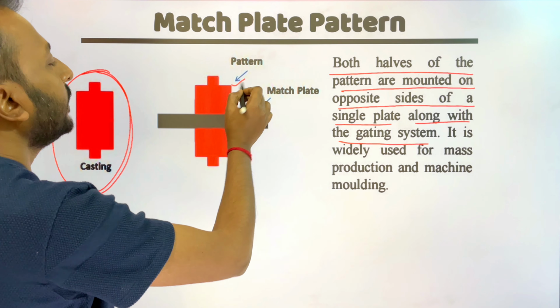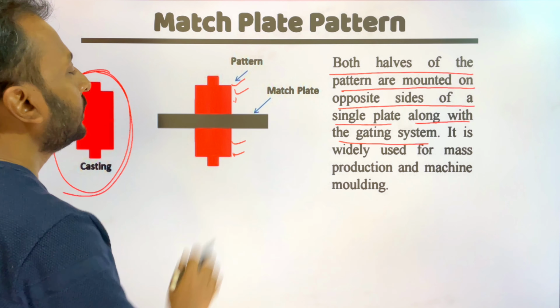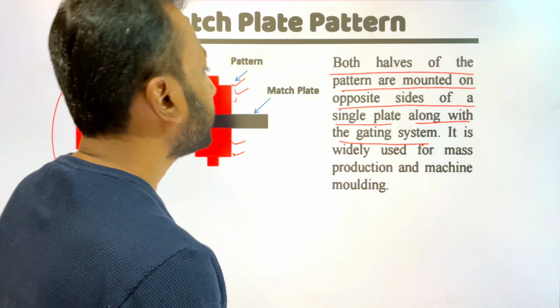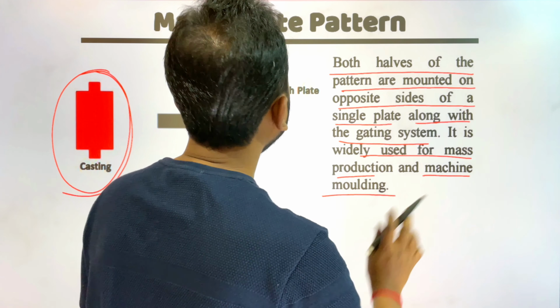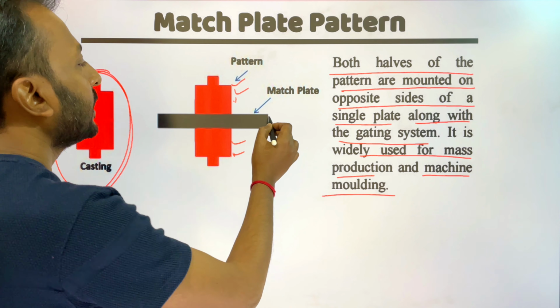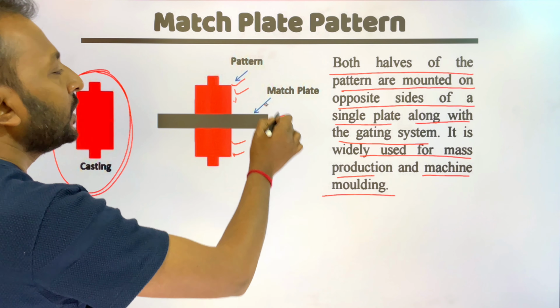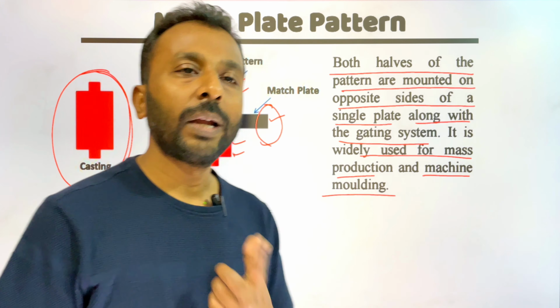These are replicas of each other, similar in shape and size. It is widely used for mass production and machine molding. This is the plate, and the opposite sides of the plate are the same. That's why it is called match plate pattern.